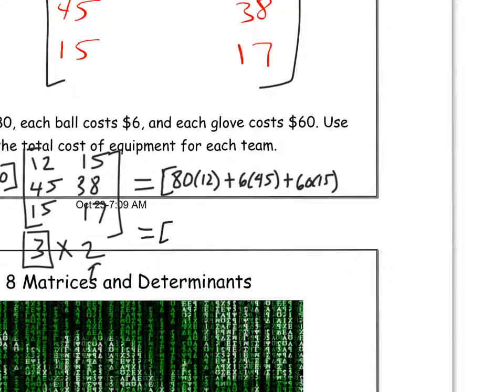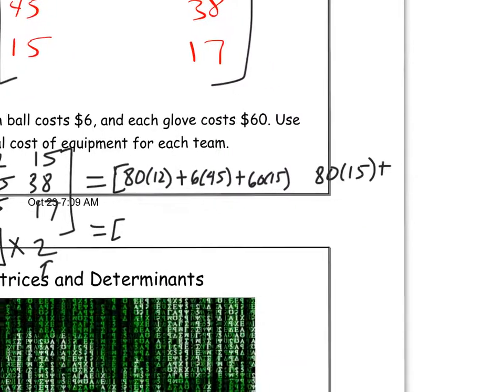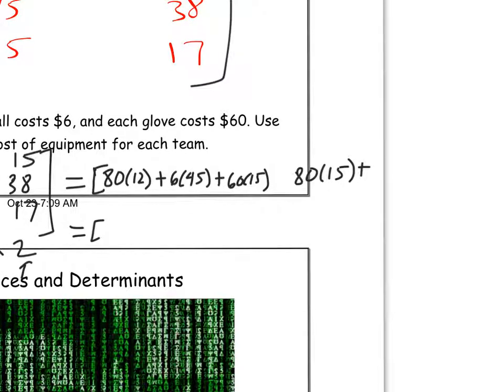Oh, and then we would have, for the second entry, 80 times 15. If you're noticing the way this is lining up, that's basically the cost for men's bats, right?